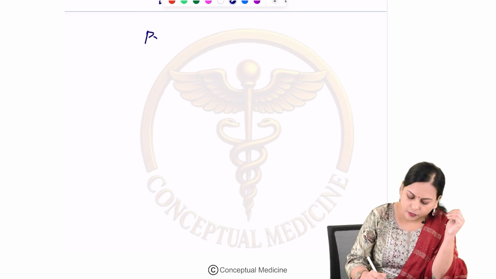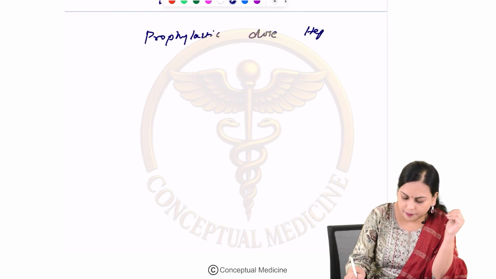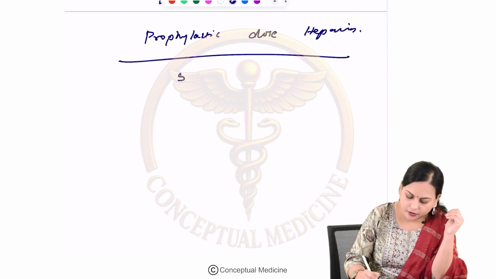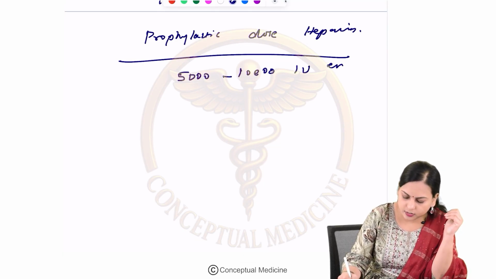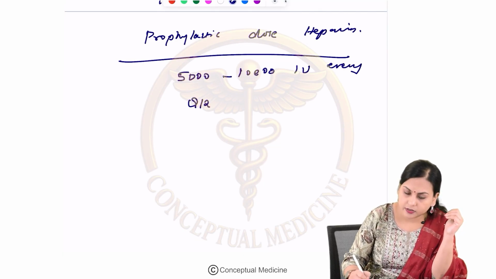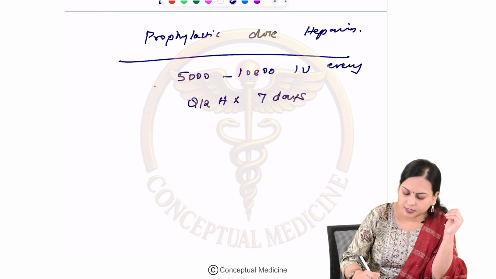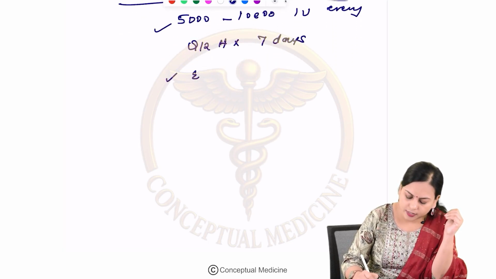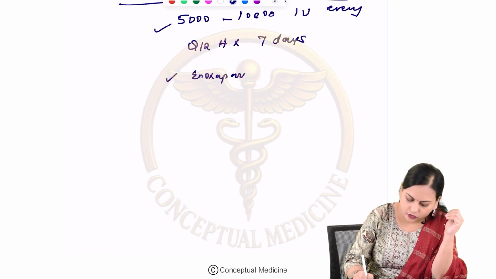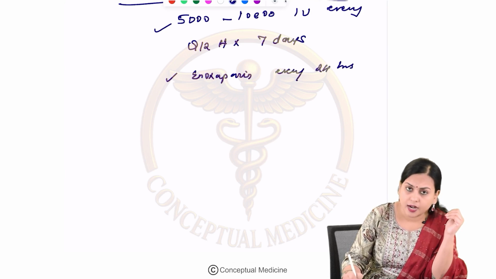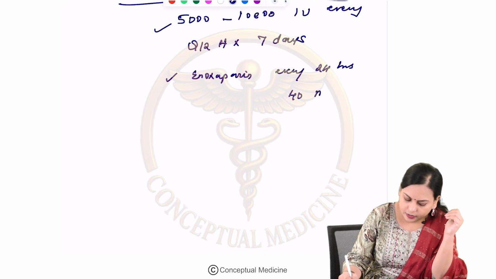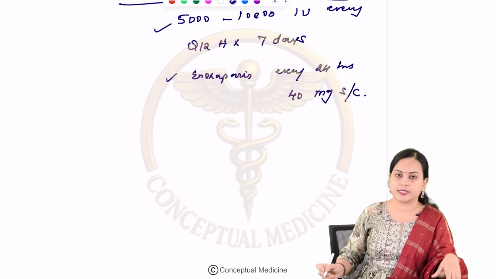So, the prophylactic dose of heparin that you can give is around 5,000 to 10,000 international units every 12 hours for 7 days, and then you can give enoxaparin every 24 hours at a dose of 40 milligram subcutaneously.